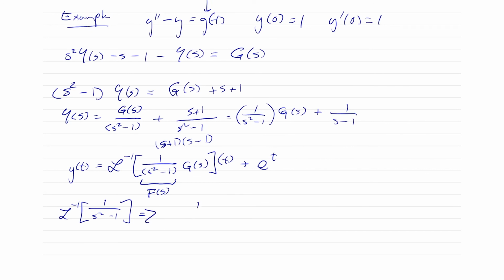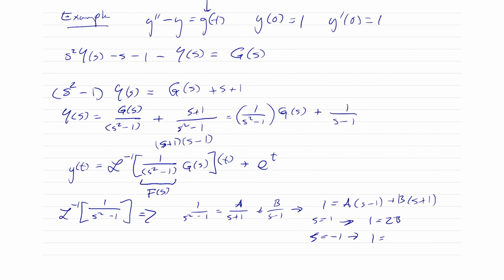So the first thing we need to do is take s squared minus 1 and write it as a over s plus 1 plus b over s minus 1. If I multiply both sides, then we see that we're going to have 1 is equal to a times s minus 1 plus b times s plus 1. Choosing, say, s is equal to 1 gives me 1 is equal to 2b, and s is equal to minus 1 gives me 1 is equal to minus 2a.